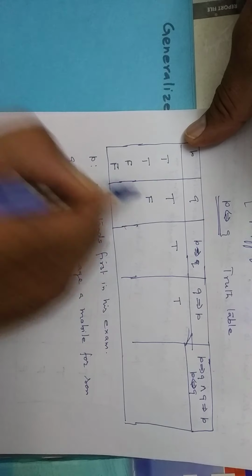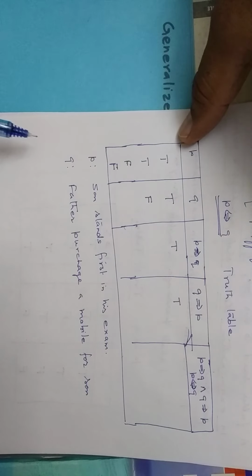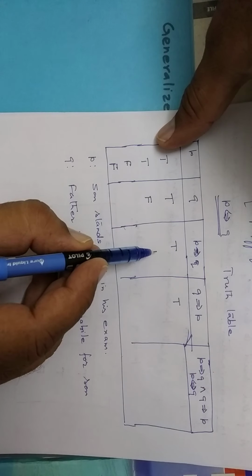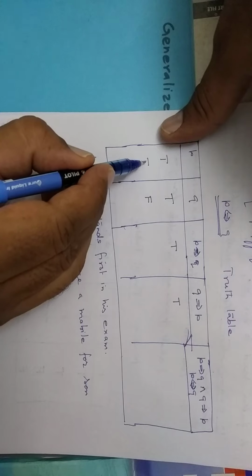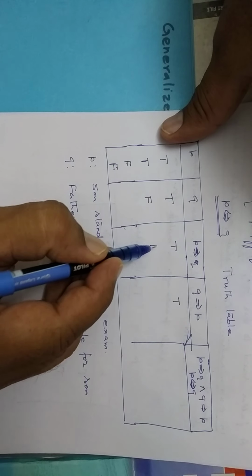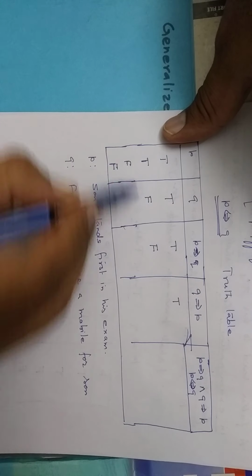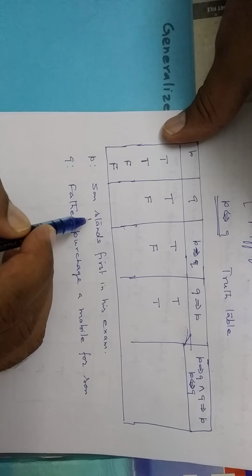If we take the value false here, with P true and Q false, then P implies Q is false, but Q implies P will be true.